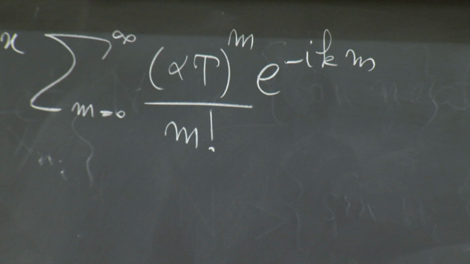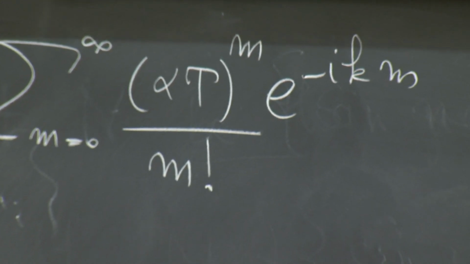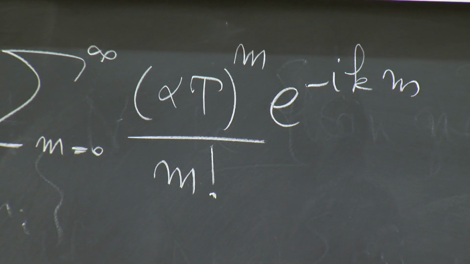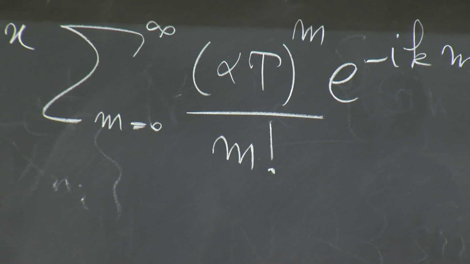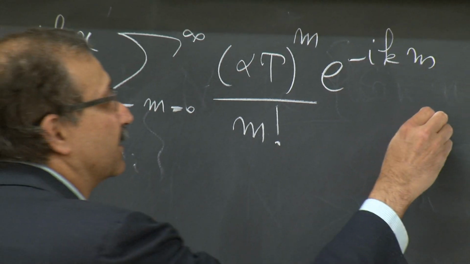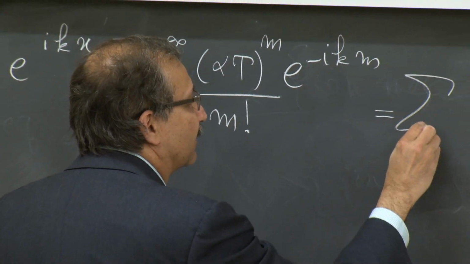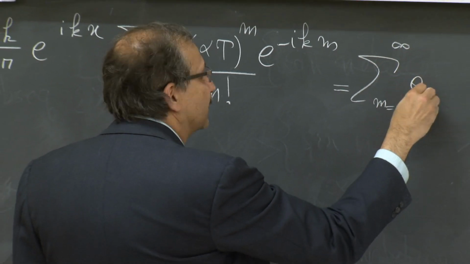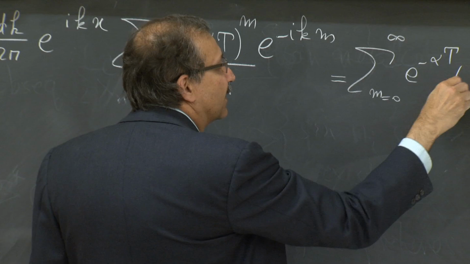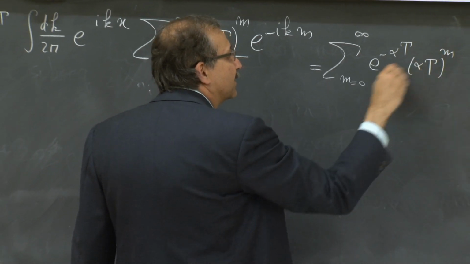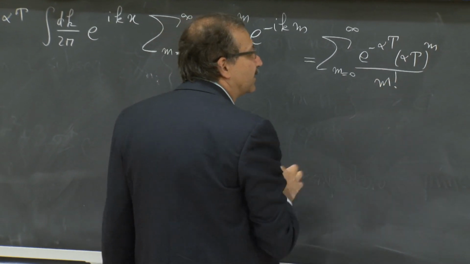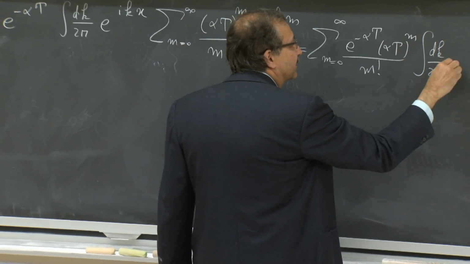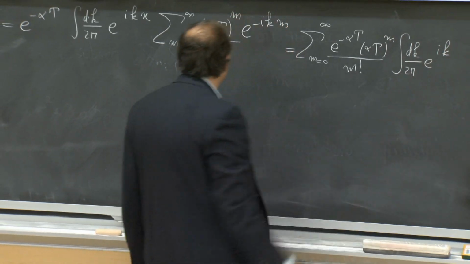Okay? So now I reorder the sum and the integration. The sum is over m, the integration is over k. I can reorder them. So on the things that go outside, I have a sum over m running from 0 to infinity, e to the minus alpha t, alpha t to the power of m divided by m factorial. And then I have the integral over k over 2 pi, e to the ik.